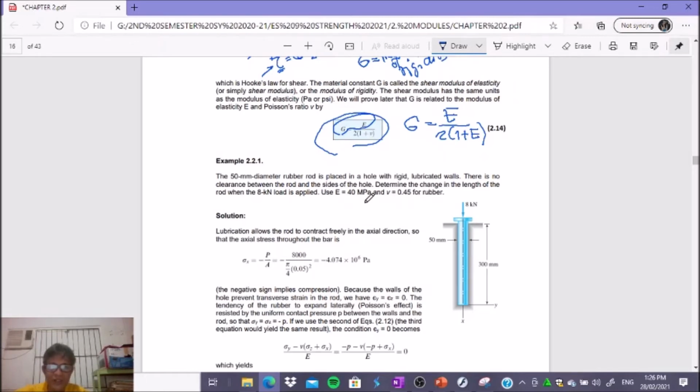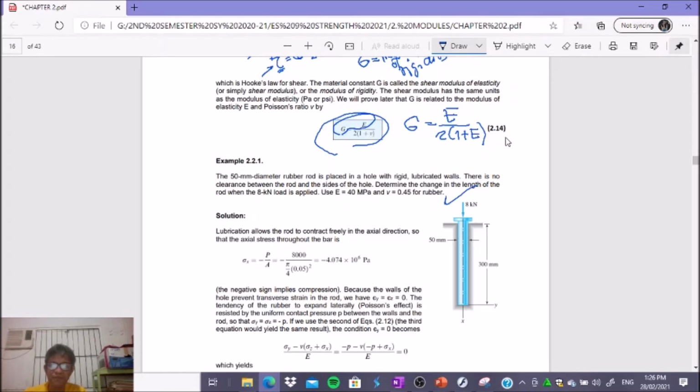So, rubber yung natin, yung 50 mm rod rubber. Ngayon, ang E is 40 megapascal, hindi gigapascal kundi megapascal. Sabi dito, ang load natin is in this direction ng 8 kN.